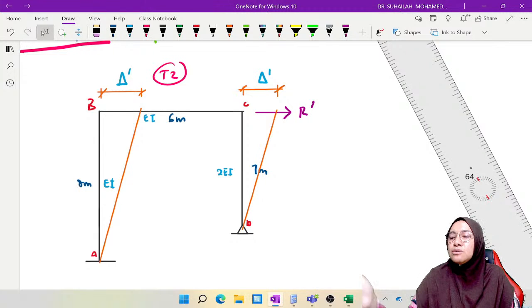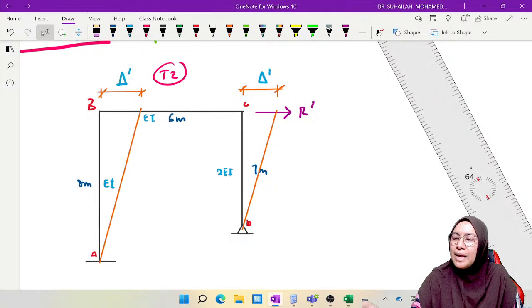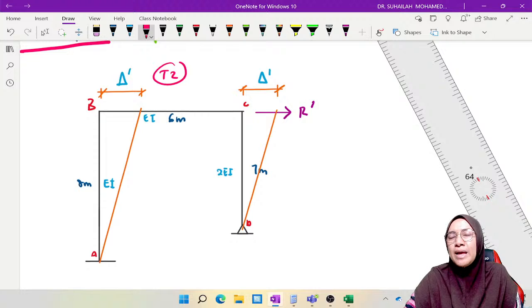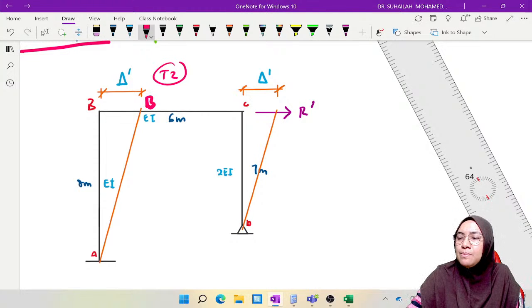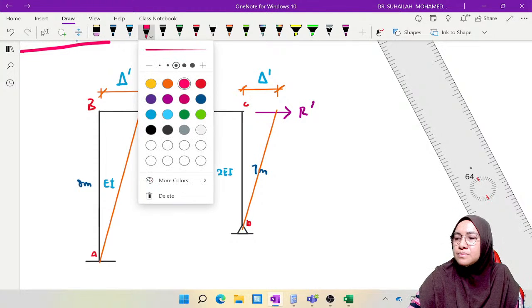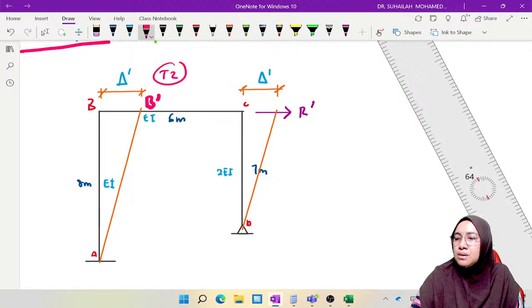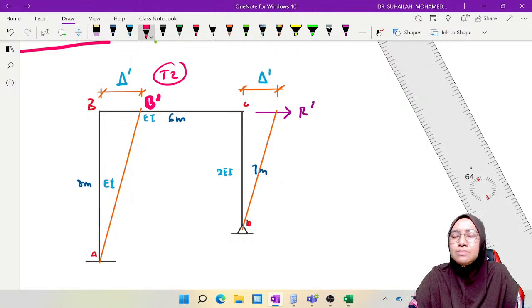So I will focus on the first column, member AB. In member AB, the original position is vertical, and the new position for AB is B prime, where A remains at the same position.